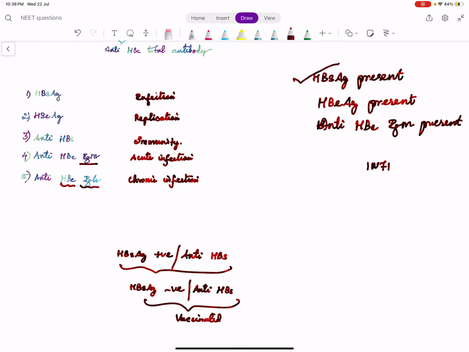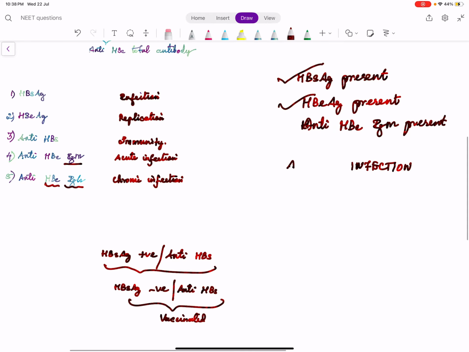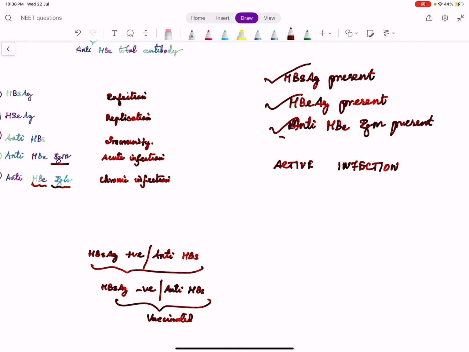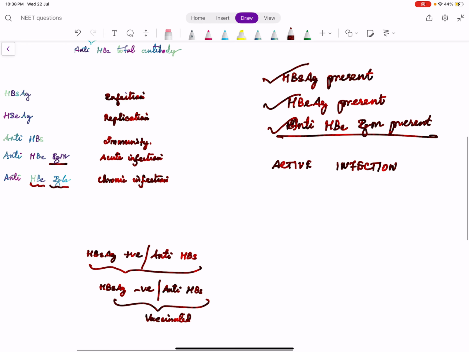There is an infection with hepatitis B. When HBeAg is present, what does it indicate? There is an active infection. There is replication of the hepatitis B virus going on. What does anti-HBc IgM indicate? It means something is acute. So there is an acute HBsAg infection which is actively replicating. Right?